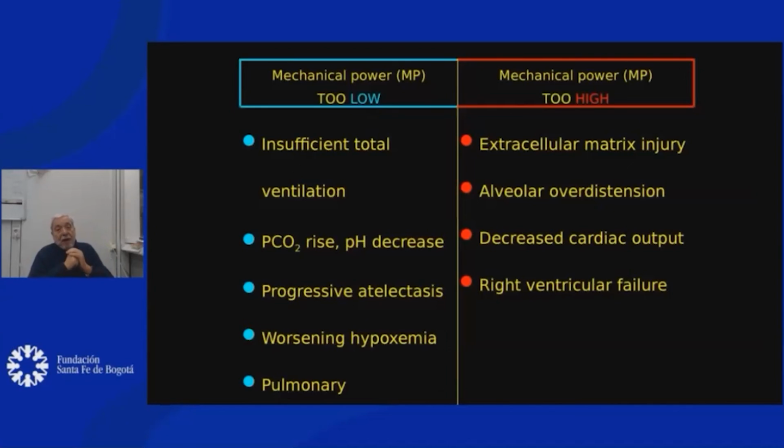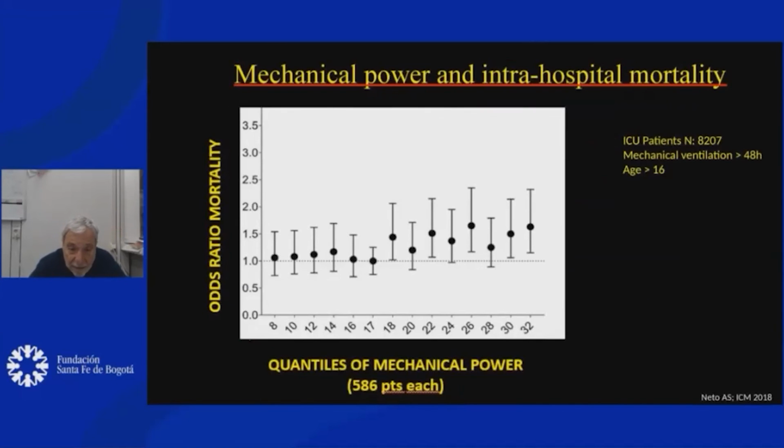If the mechanical power is too low, we have a series of damage: insufficient ventilation, PCO2 rise, PO2 decrease, atelectasis, worsening of hypoxemia, and so on. If mechanical power is too high, extracellular matrix injury, overdistension, decreased cardiac output, ventricular failure. We are studying now the possibility to identify a threshold for mechanical power.